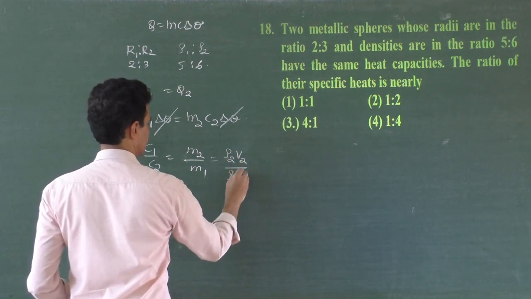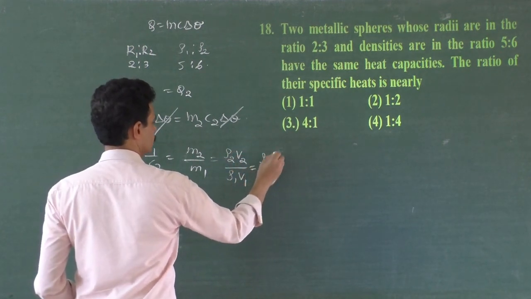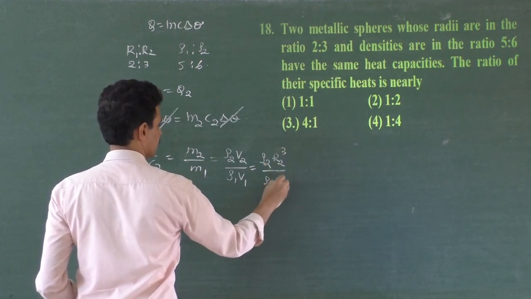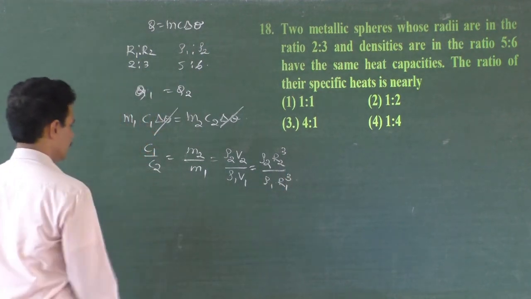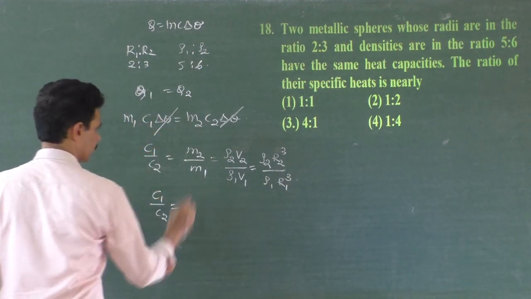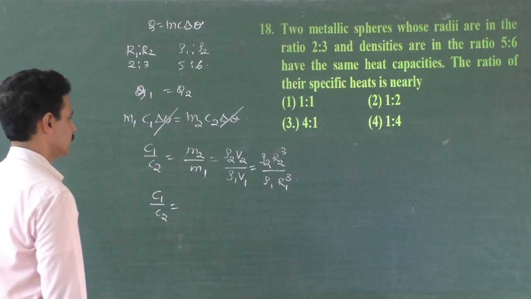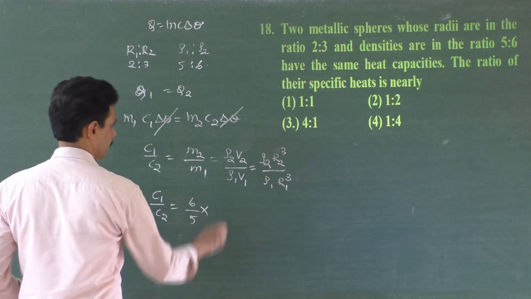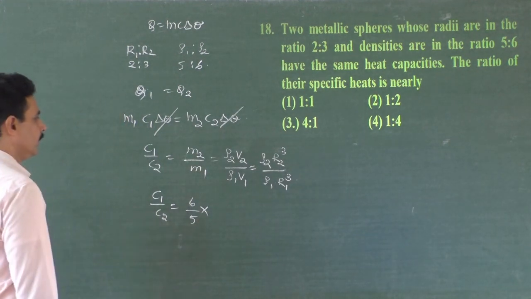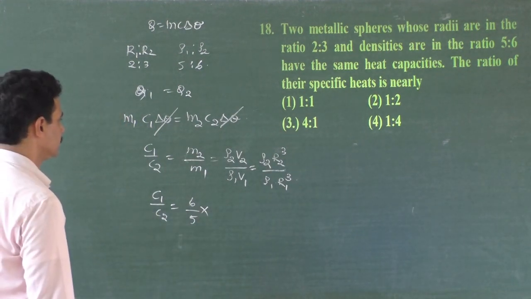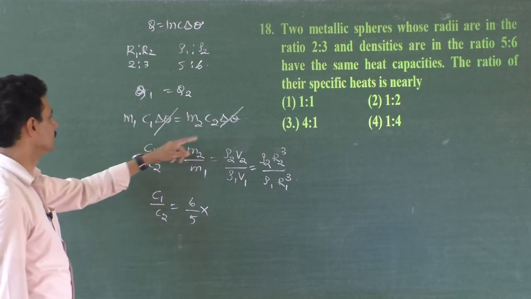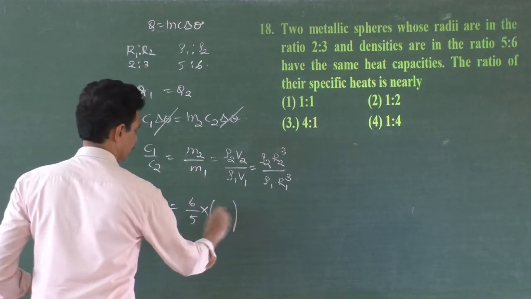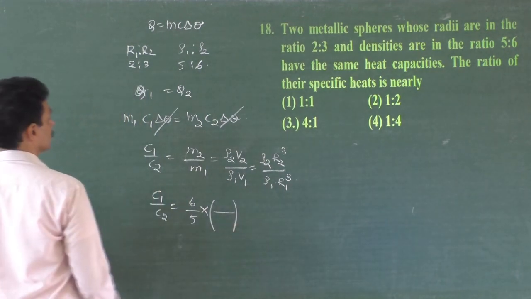So c1 by c2 is equal to density 2 times radius 2 cube, by density 1 times radius 1 cube, that is 6 by 5 times R2 cube by R1 cube.